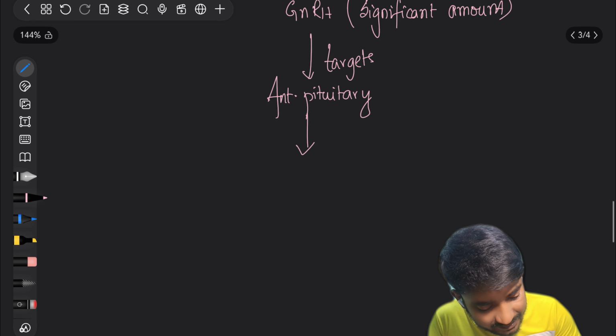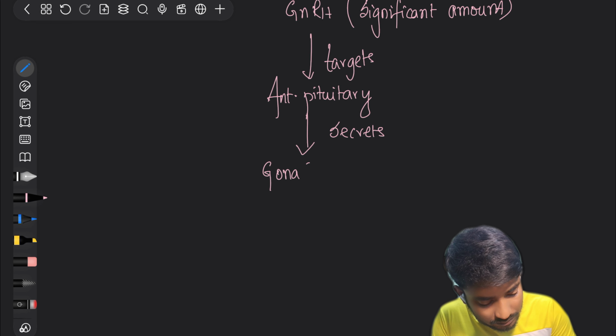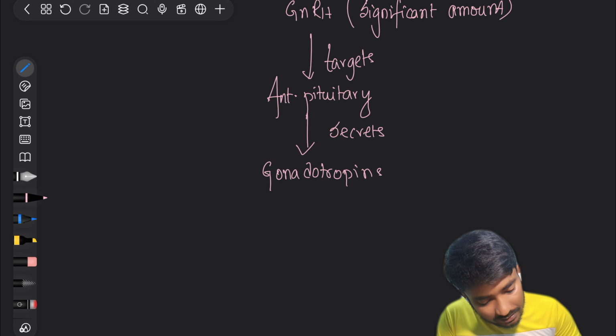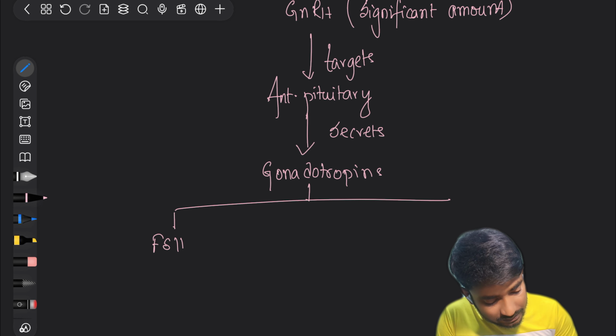The anterior pituitary secretes gonadotropins. So what are the gonadotropins? The FSH and the LH.